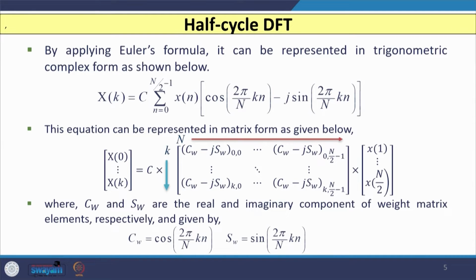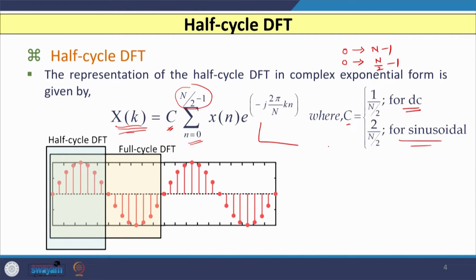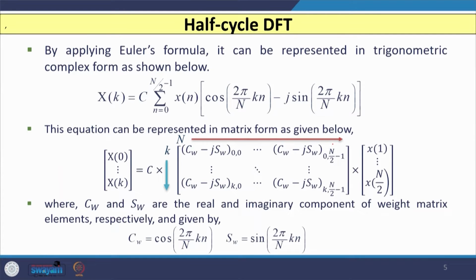Now, if we apply Euler's formula on this equation, let us say this is equation A, then in trigonometric complex form the same equation can be written as X of k equals C sigma x of n cos of 2 pi by N kn minus j sin of 2 pi by N kn.